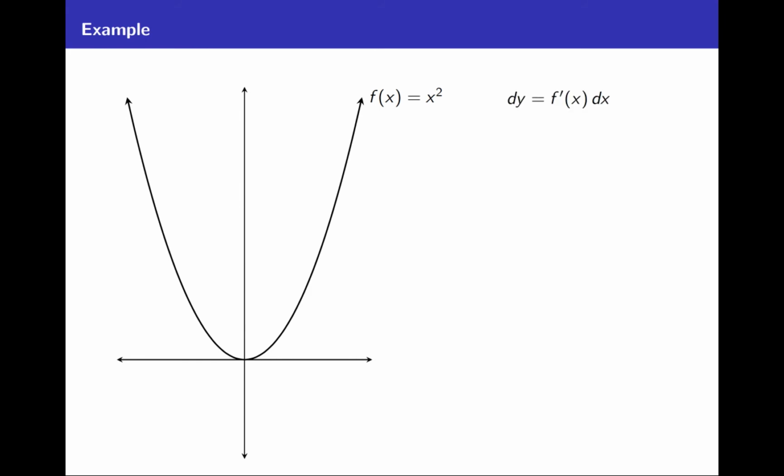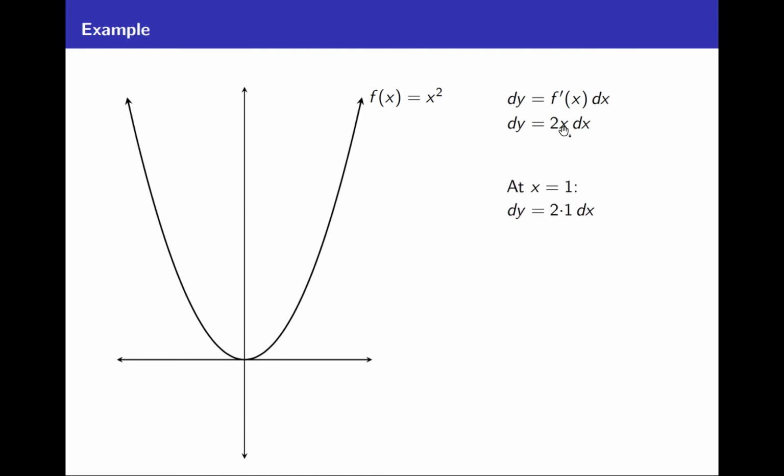Here we have differentials dx and dy, and as on the previous slide, they're related by the equation dy equals f prime of x times dx. f of x is x squared, so f prime of x is 2x. So this simplifies a little bit. dy is equal to 2 times x times dx. And again, there are three variables, dy, an x, and a dx.